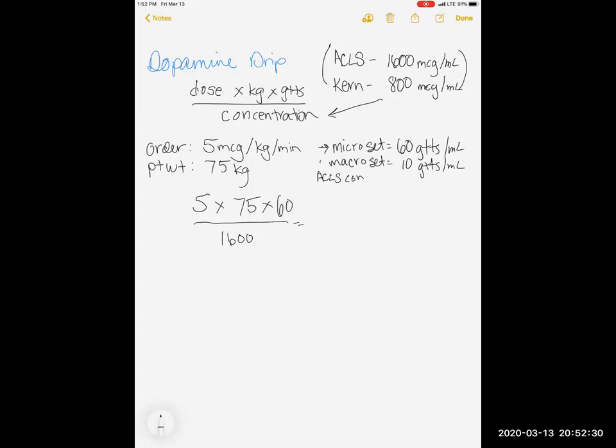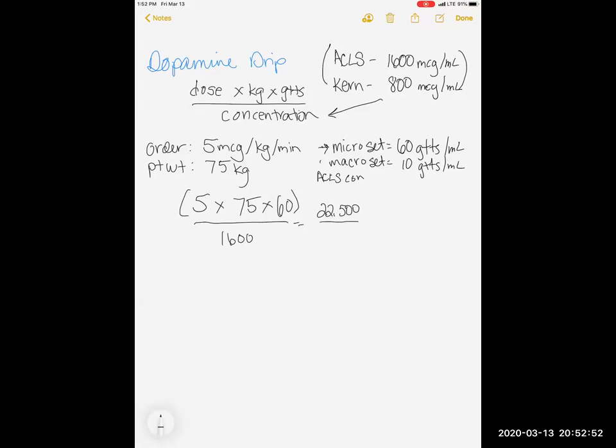The first step is to do all of this first. You'll be able to use a calculator. So we take 5 times 75 times 60, and that comes out to 22,500.